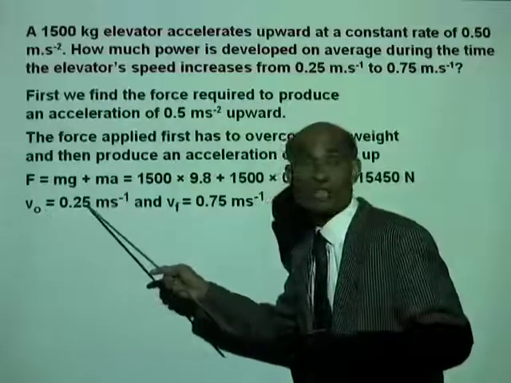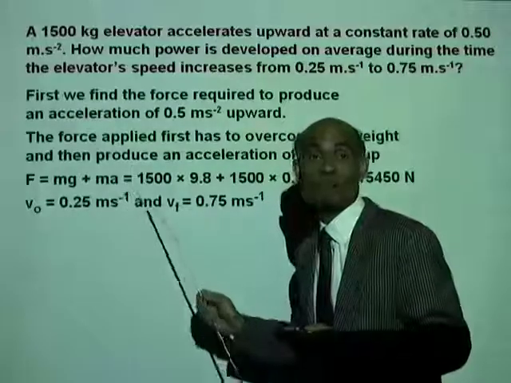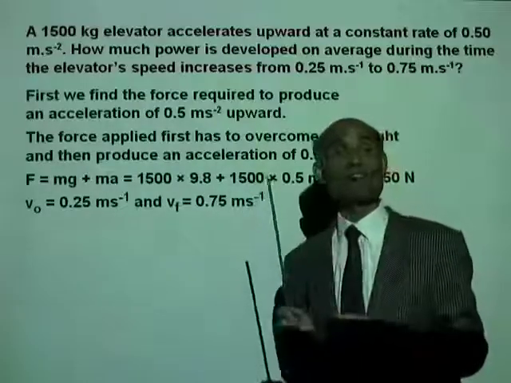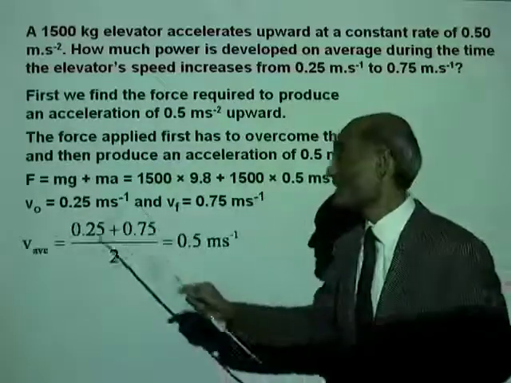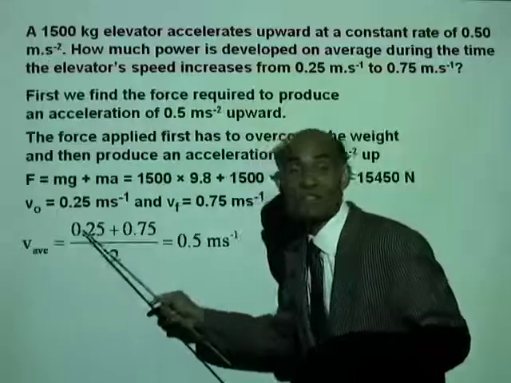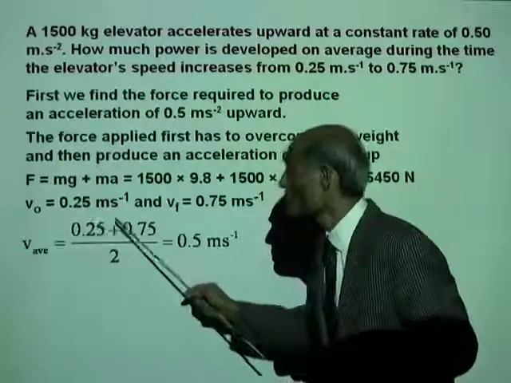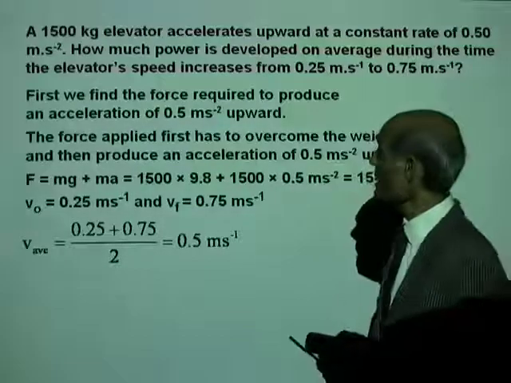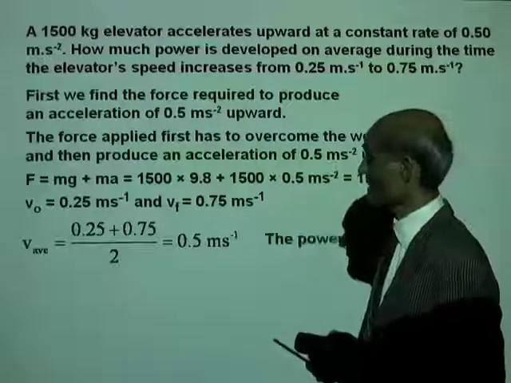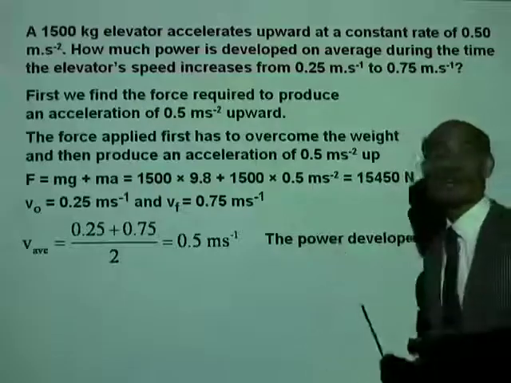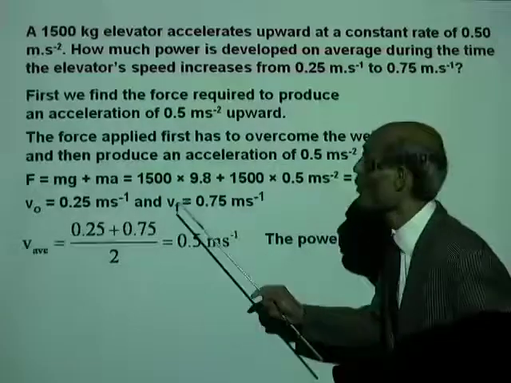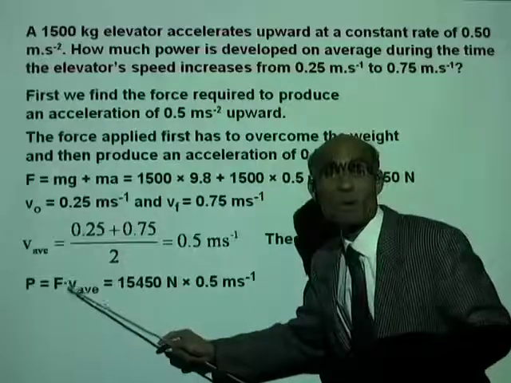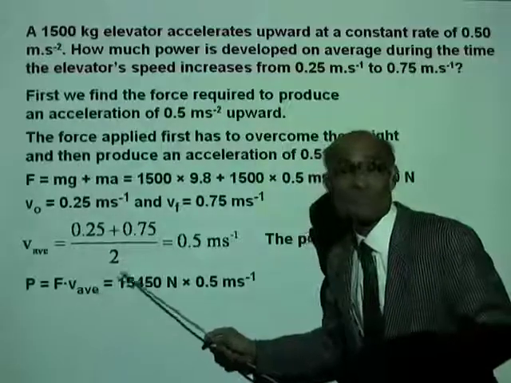The initial velocity is 0.25 meter per second. The final velocity is 0.75 meter per second. Therefore, the average velocity is V0 plus Vf over 2. That is 0.5 meter per second. And so, what is the power developed for this purpose? Power developed is the force multiplied by the average velocity.